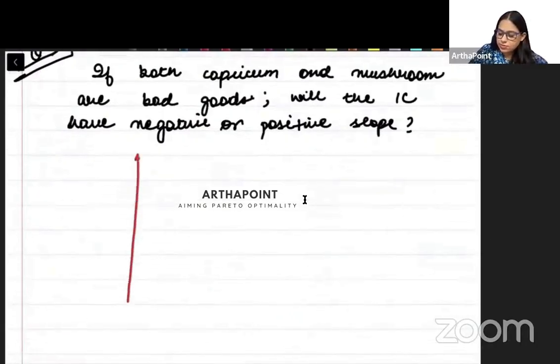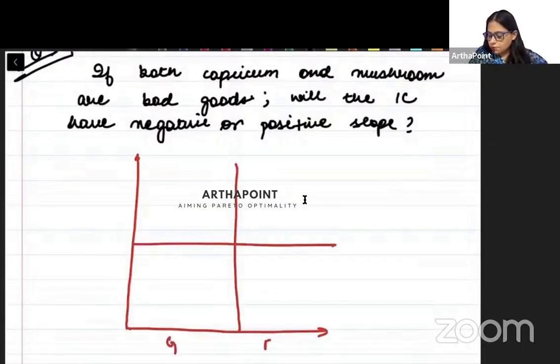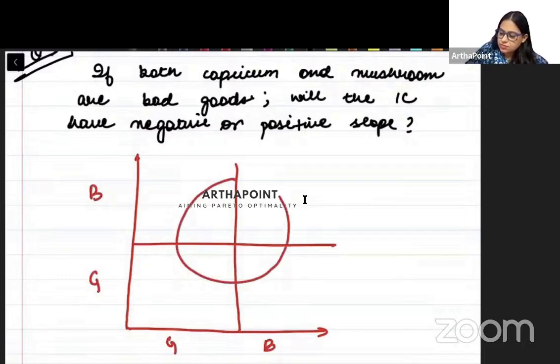I am giving you a hint. If you remember, beta, good, bad, circle. This is saying that both of them are bad goods. So bad.